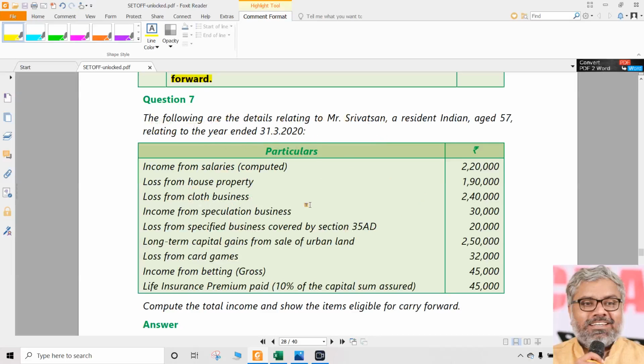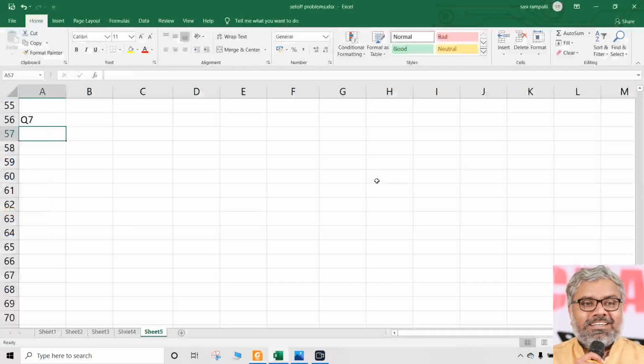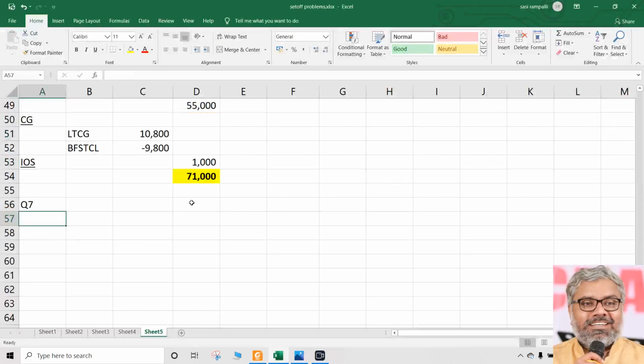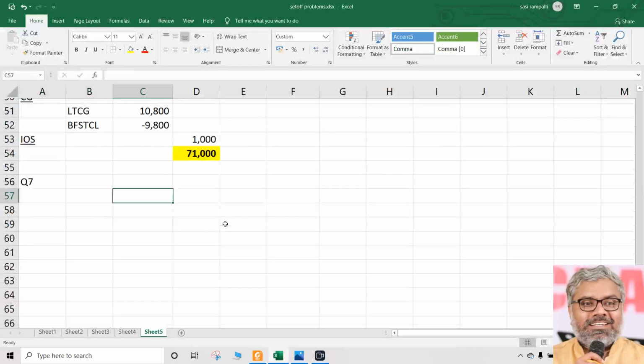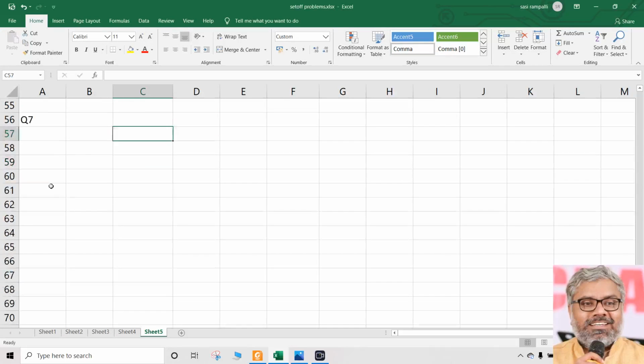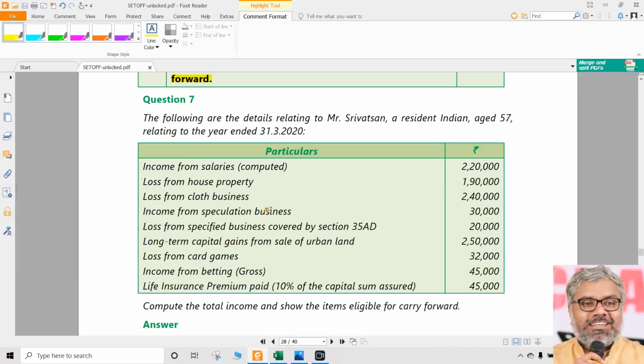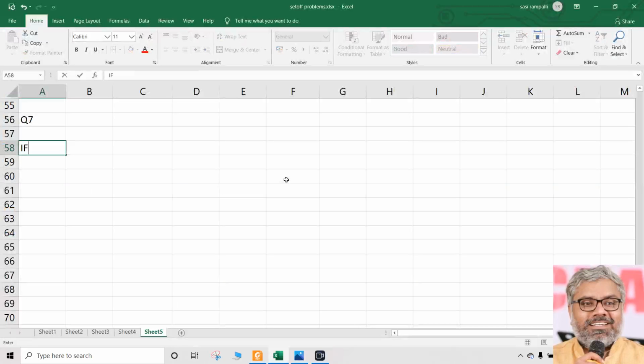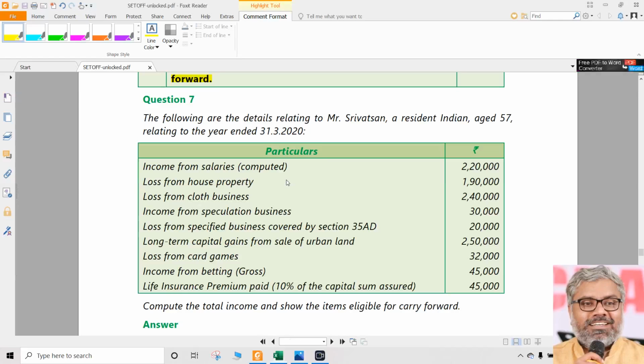So details are given, all things are same, everything as usual, what we normally do. We have to take the inner column, outer column, and we have to take the heads of income one by one. So there is income from salaries, definitely yes, that is a head of income which is there. And income from house property is not there, but a loss is there.